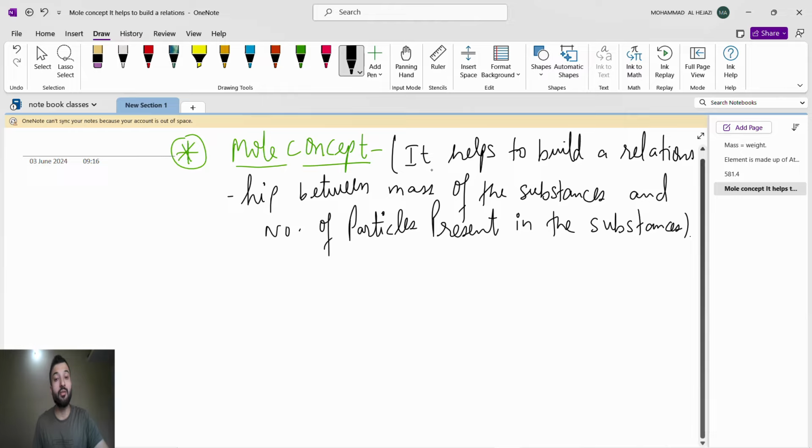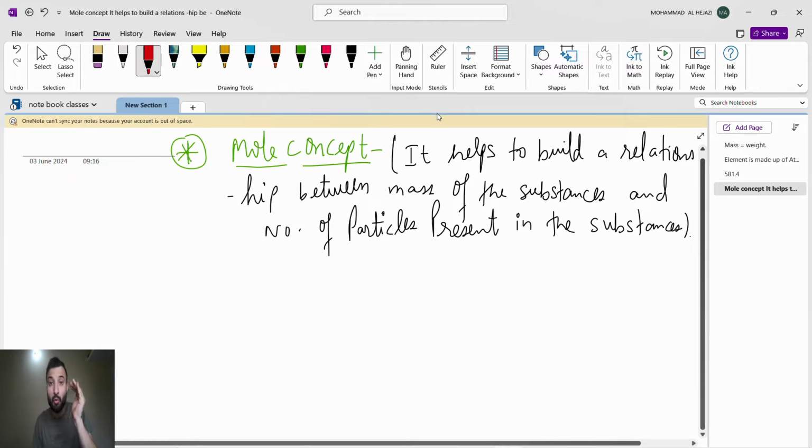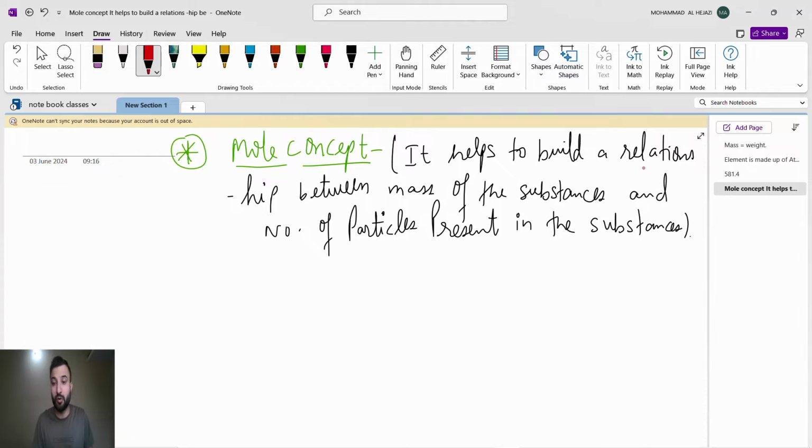This is why we are using the mole concept. This is our main aim in using it. Because it helps to build a relationship between the mass of the substances and the number of particles present in the substances.